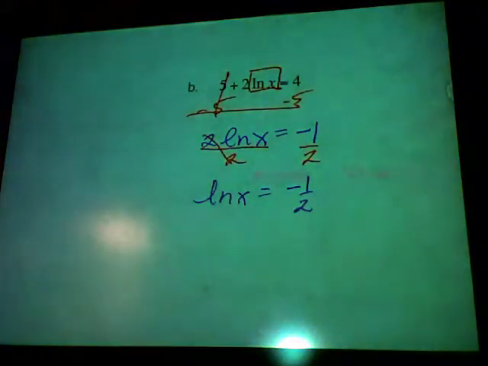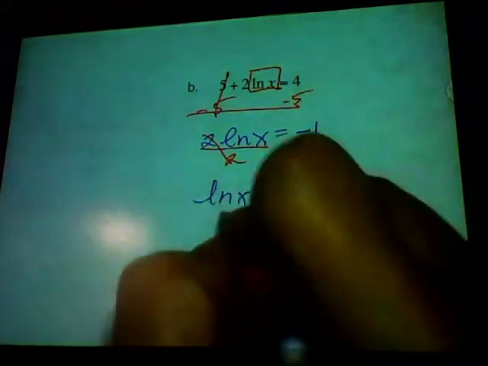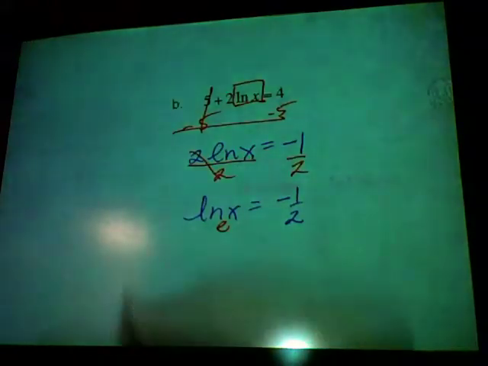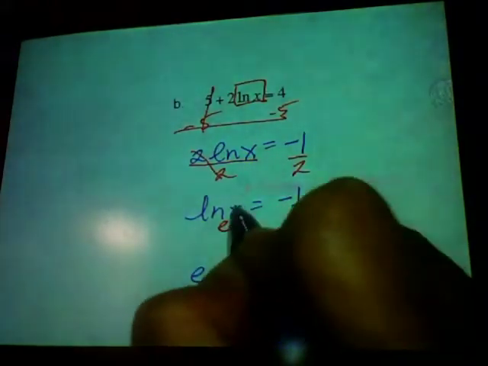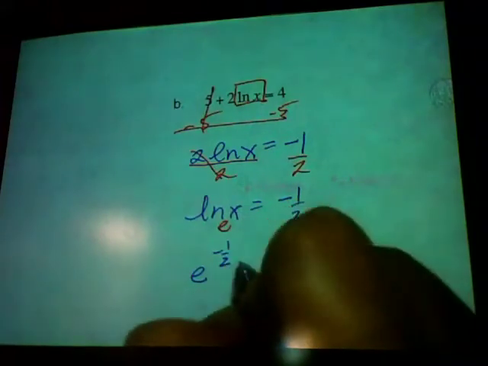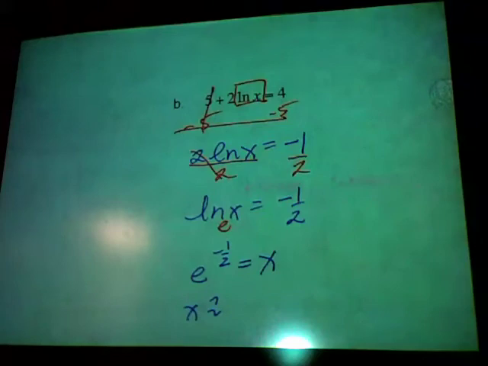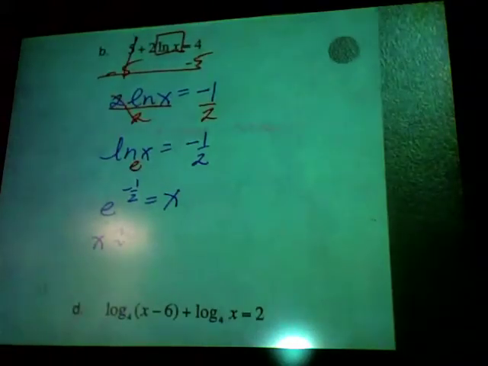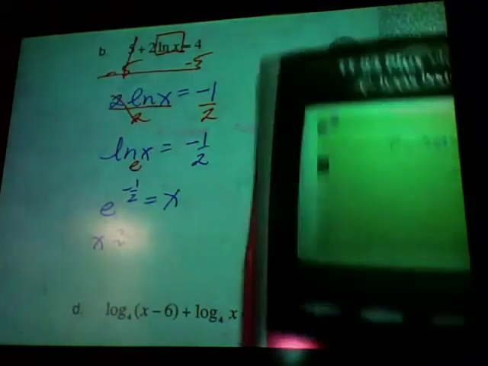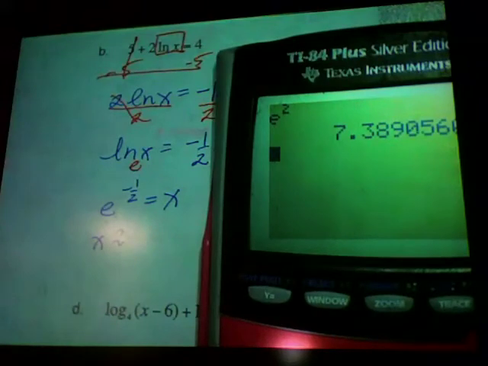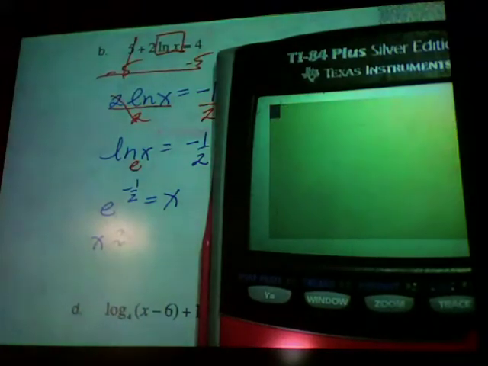Now what do you do? Yeah, put your e in there, right? Put it in exponential form, e to the, switch these two, e to the -1/2 is equal to x. So x is approximately equal to, we're going to use our handy dandy calculator. You might love your calculator, but guess what? It just makes the problems more difficult. Now we can give you harder problems.